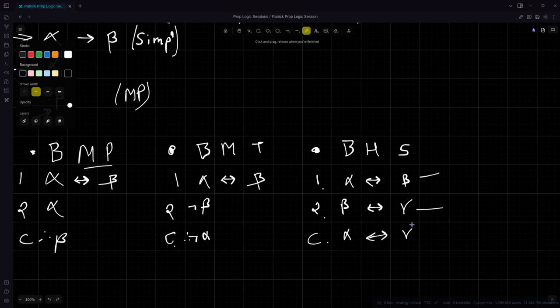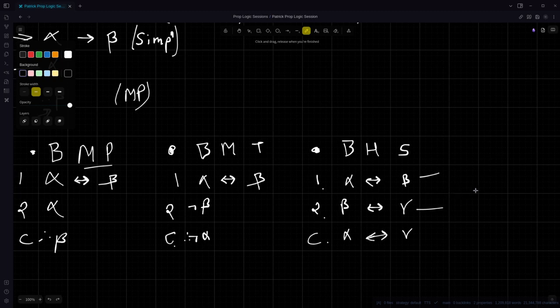Are you following that? Yeah, so when you go the other way, you start with premise 2, and then you make gamma implies beta, and then with premise 1, beta implies alpha, right? And then you do it another way, and then you can conjoin it with the first hypothetical syllogism that you did going forwards.